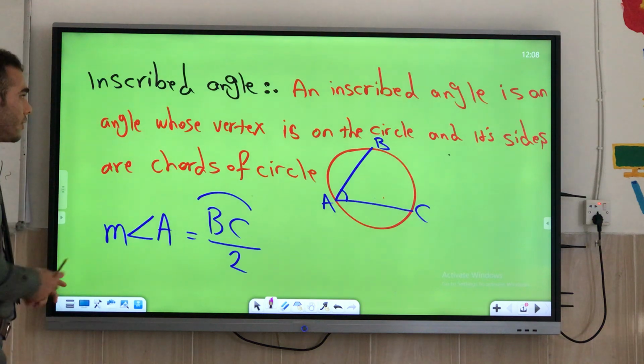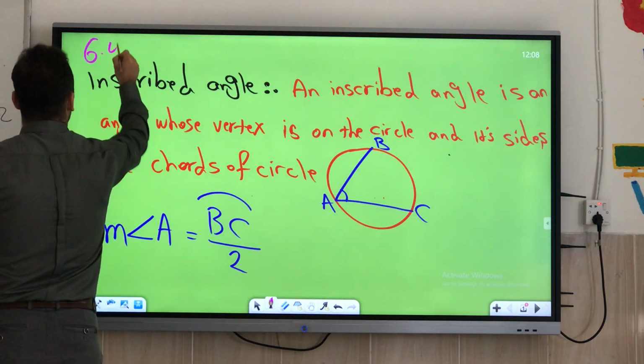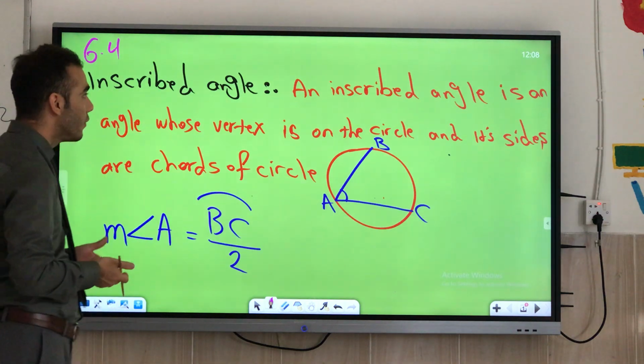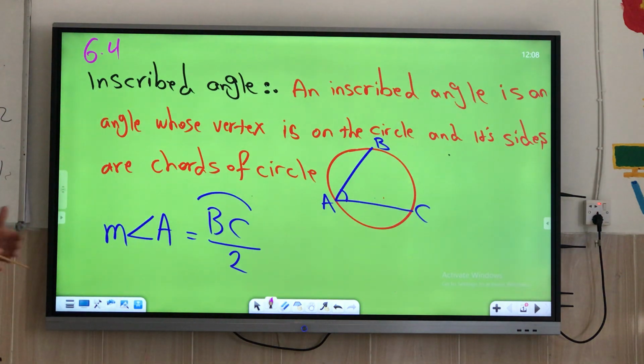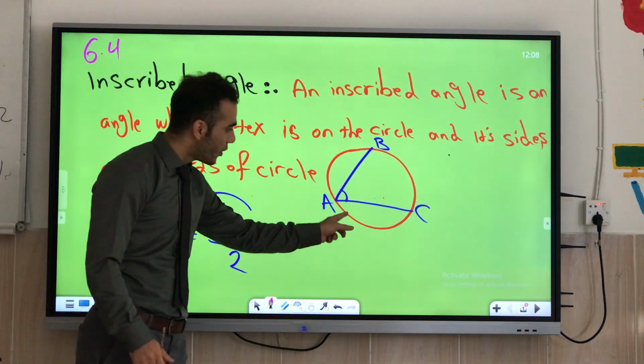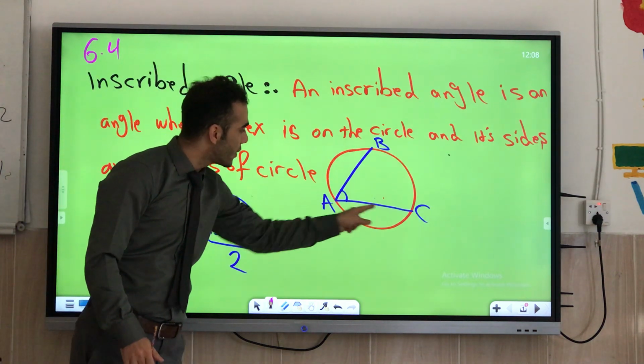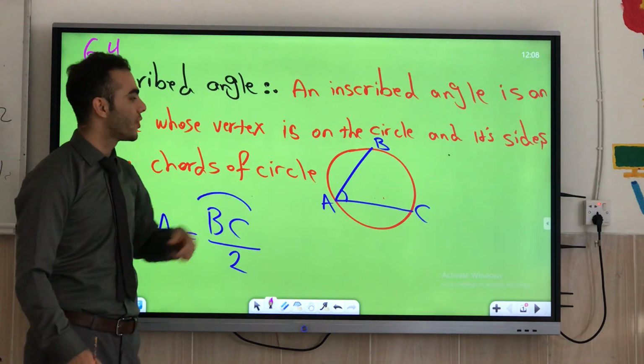Well, in section 6.4, the title is Inscribed Angle. What kind of angles are inscribed angles? Regarding the definition, it says that an inscribed angle is an angle whose vertex is on the circle and its sides are chords of the circle.